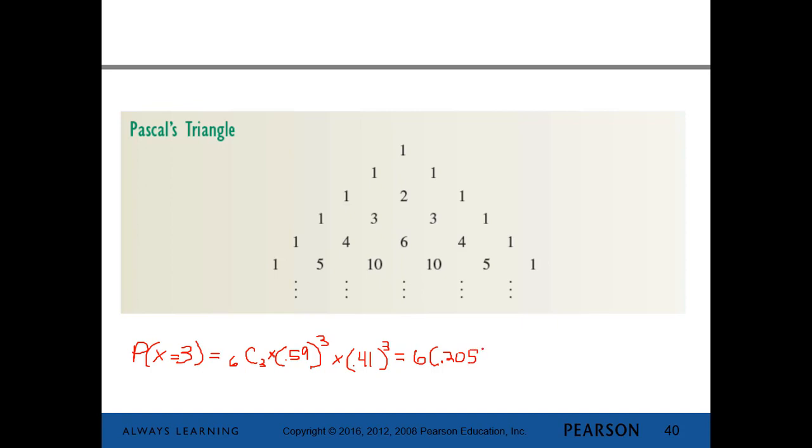Now I'm rounding here, but I would not round in your calculator, just for presentation purposes. And then 0.41 raised to the 3rd power is 0.0689.